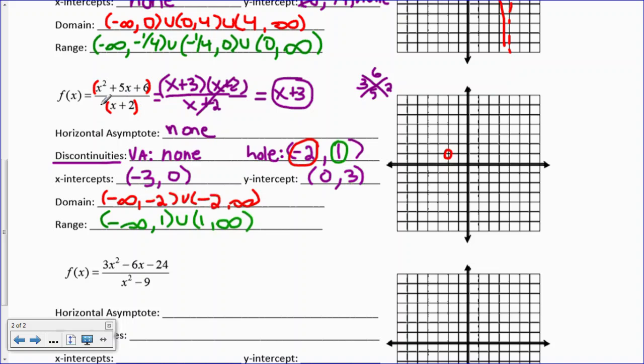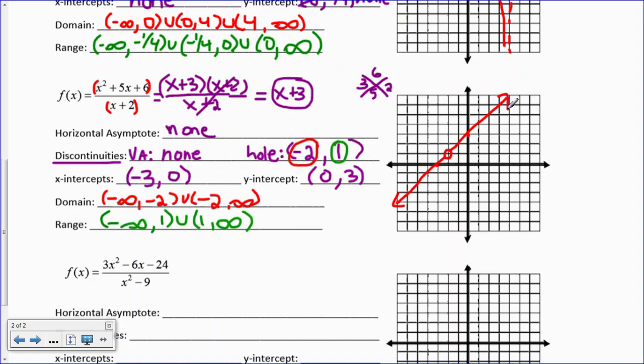So this really super complicated looking thing just simplified to become a line, like y equals mx plus b, right? The slope is 1 and the y-intercept is 3. Hopefully you recognize that, because this is really just an equation of a line. So the y-intercept, like I saw, was 3 and the x-intercept was negative 3. So I'm just going to use that to graph a line like this with a slope of 1.